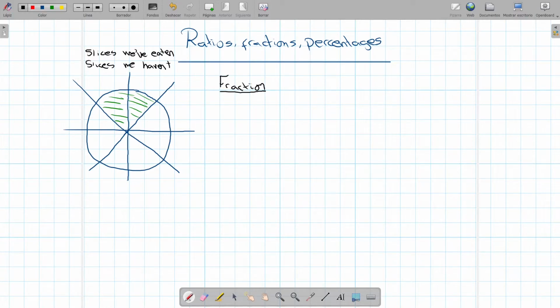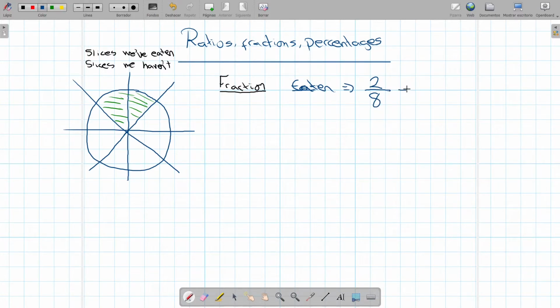Numbers expressed as a fraction are represented in relation to the whole. So, for example, we have eaten 2 out of 8 slices. Fractions are always represented as a part of a whole, and normally in the numerator you put the number that you want to represent, and in the denominator the whole.